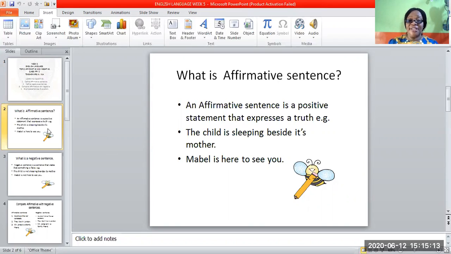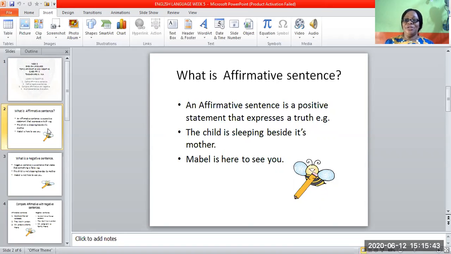It is a statement of truth, something that is positive and stated positively. Example: the child is sleeping beside its mother. That is an example of a positive sentence or statement.